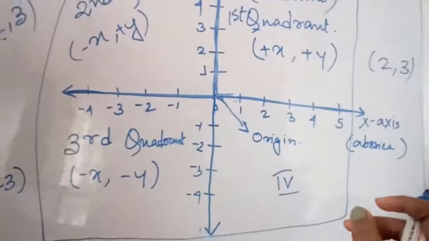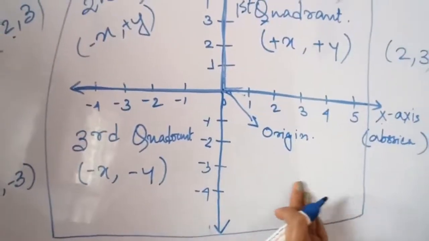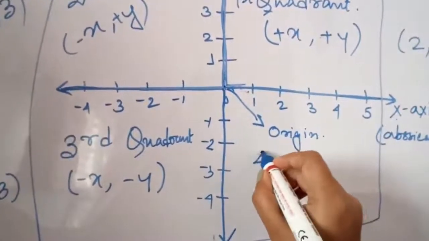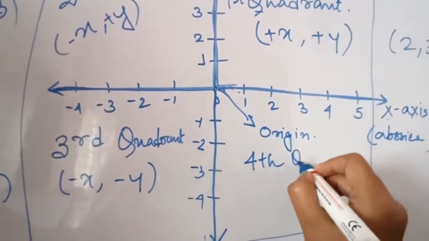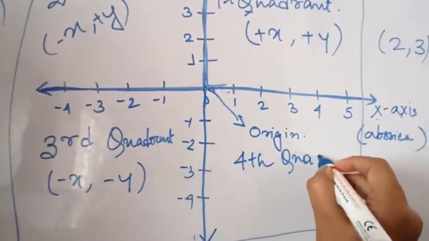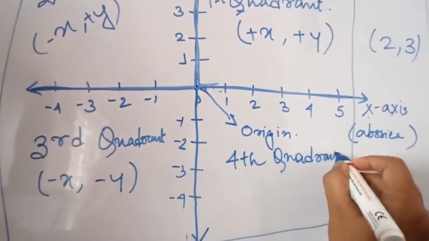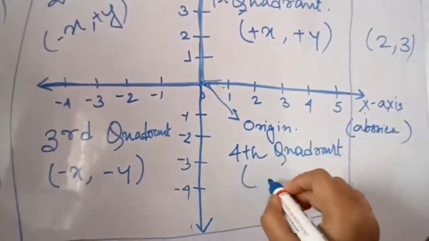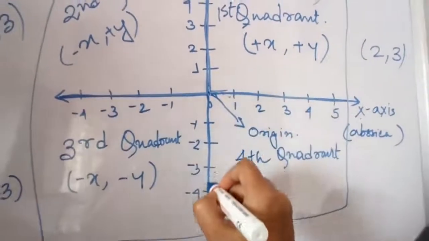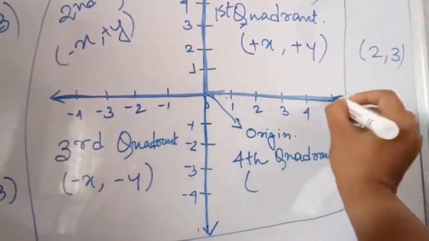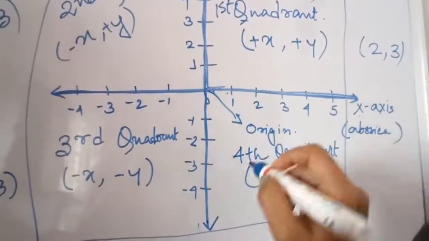And the fourth one is known as my fourth quadrant. What is the boundary of this block? Positive x, negative y.